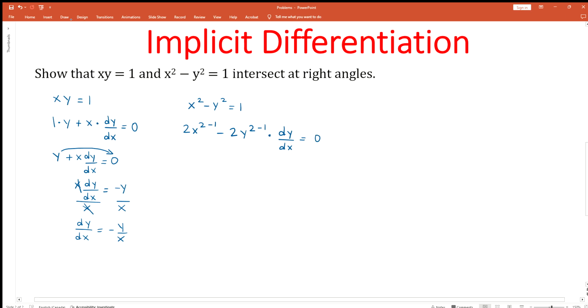Now we can simplify this equation. In the exponent, 2 minus 1 is 1, x to the power 1 is just x. The same goes for y. We have to isolate dy over dx in this equation, so we should move the term 2x to the right side of the equation and it will become negative 2x.